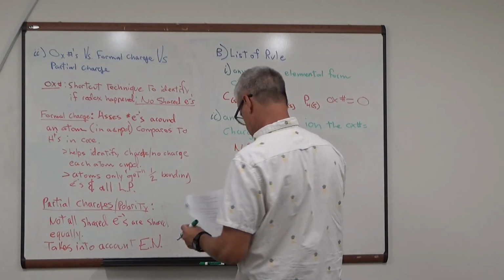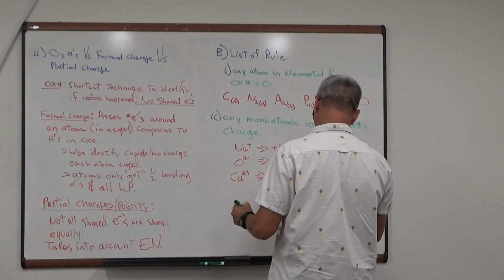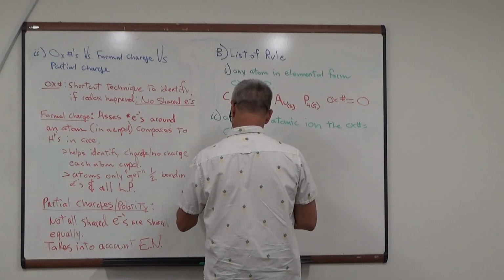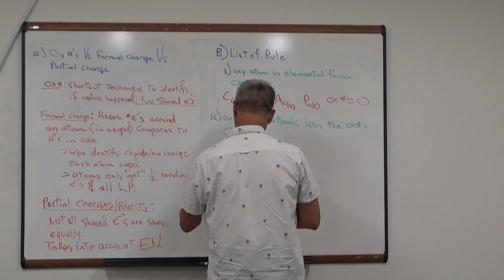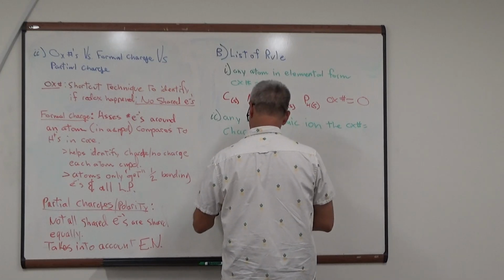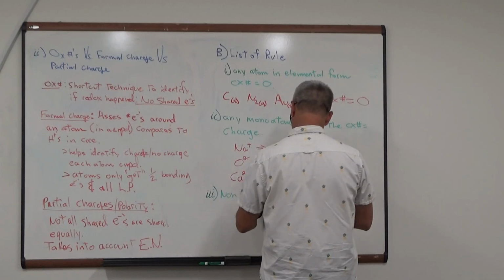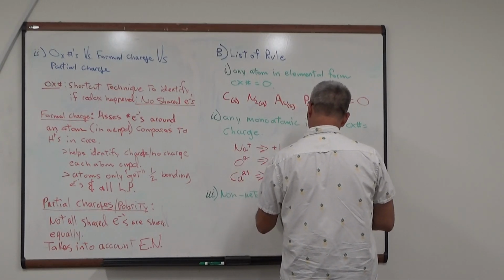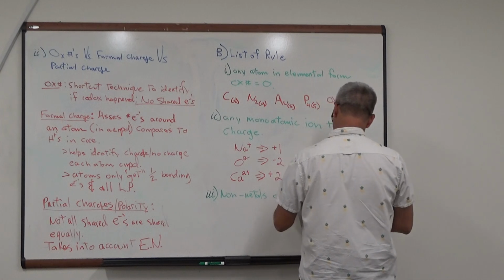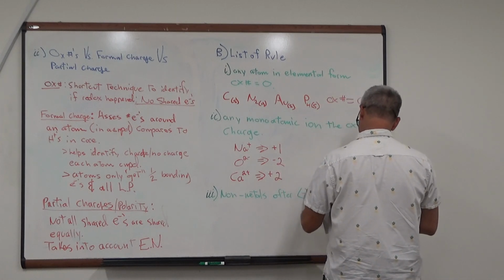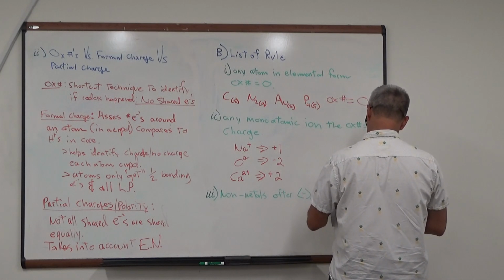Okay. But in general, non-metals often have a negative oxidation number, but not always.